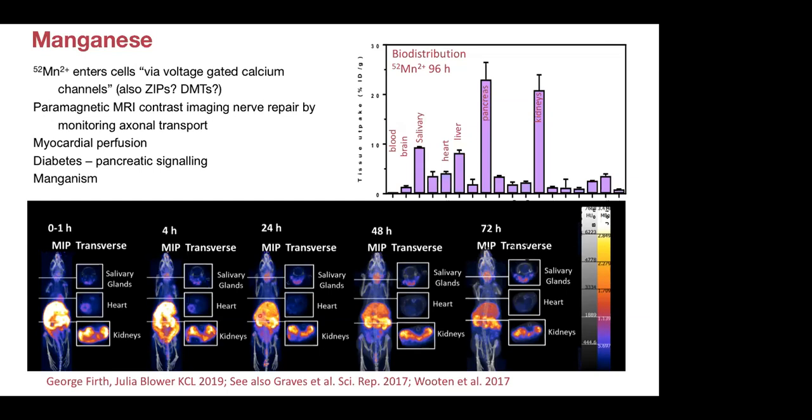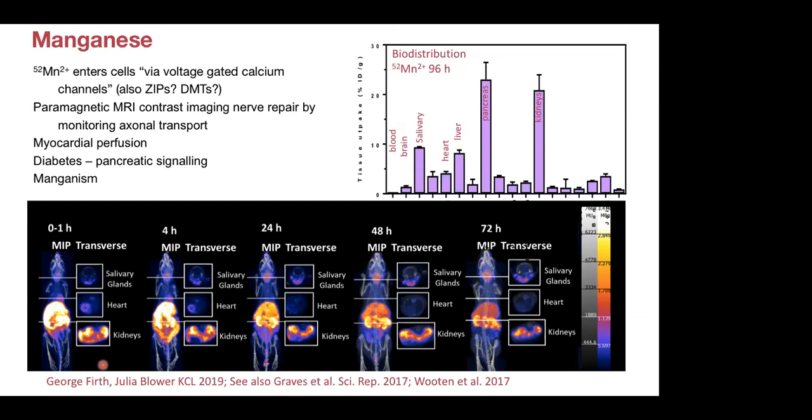Another thing: if you look hard, you can see that there is a noticeable uptake, which may well correspond to the pancreas. And that persists at 2 days, maybe even 3 days. So there are interesting features of the distribution of manganese changing over time.